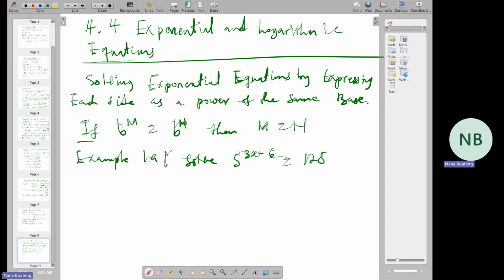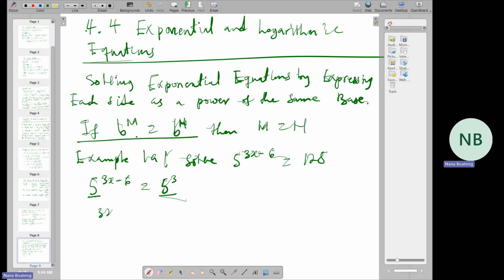So by this property, if the bases are the same, then we can equate the powers. And we know that 125 can be expressed as a power of 5. 125 is 5 to the power 3. So now because the bases are the same, we can equate the exponents and solve for x.